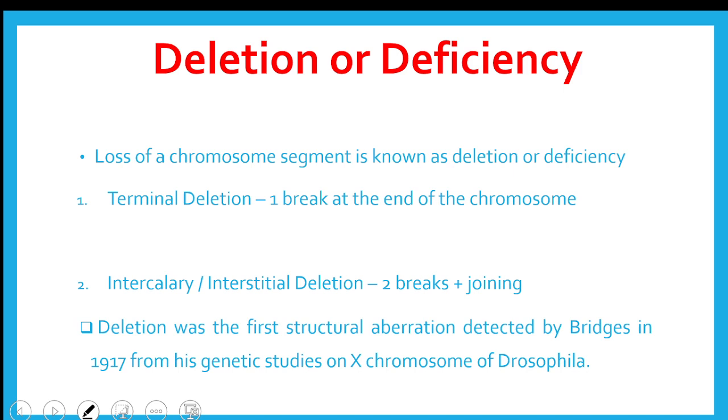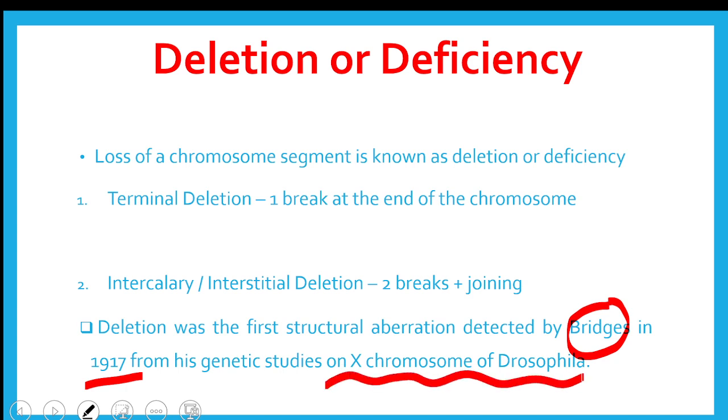So let us see who discovered it first. Deletion was the first structural aberration, or structural mutation, or structural chromosomal mutation, detected by Bridges in 1917 from his genetic studies on the X chromosome of Drosophila. Can you tell me what C.B. Bridges is related to?